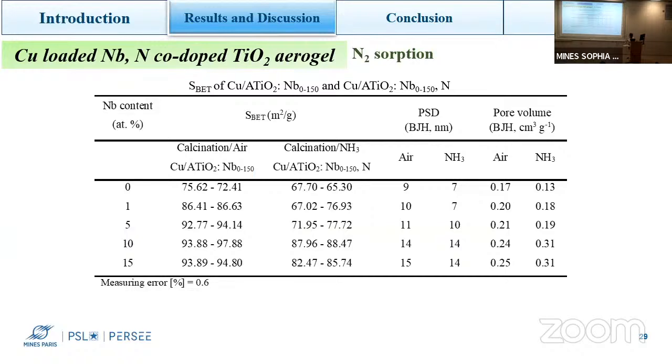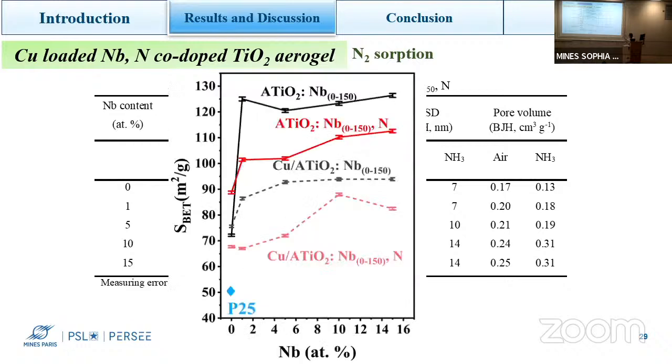And then we're using nitrogen sorption to see the SBET of our different samples. As before, with just pure niobium doping we get the highest SBET value. After calcining in ammonia, there's a slight decrease. Then TiO2 with pure niobium doping and loaded with copper decreases, but still remains quite a good value.